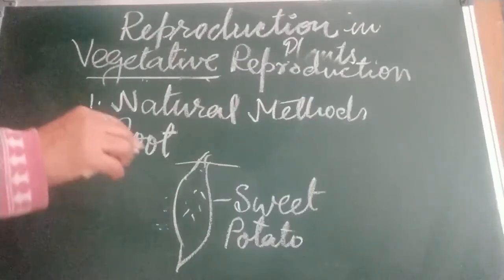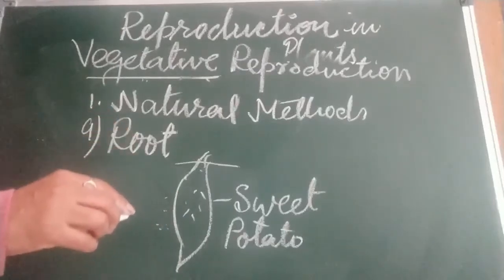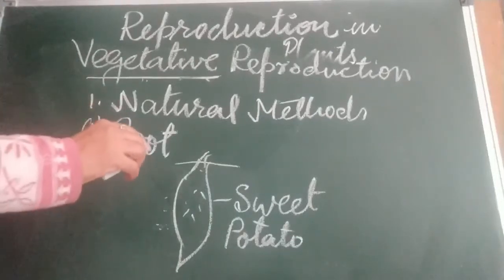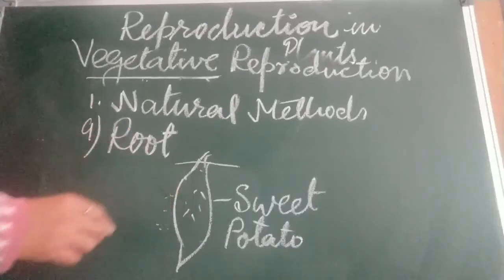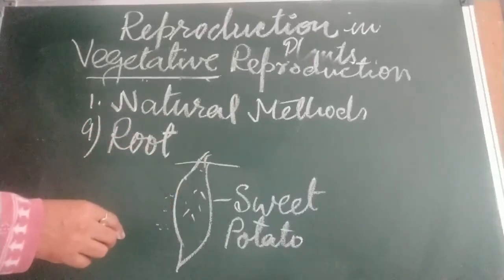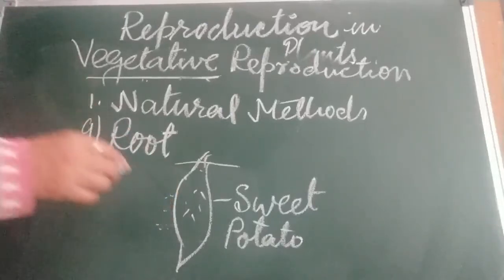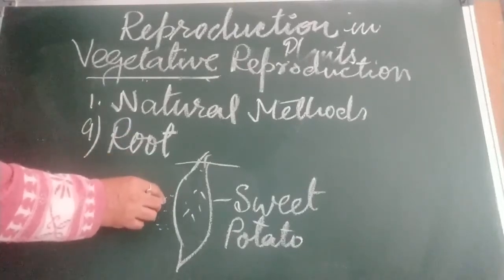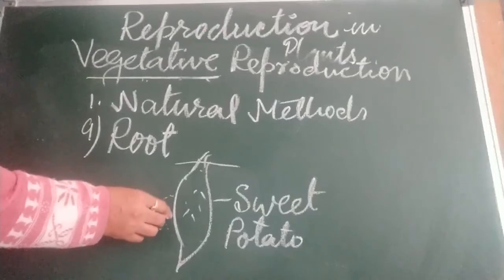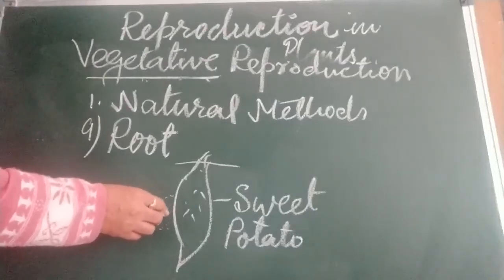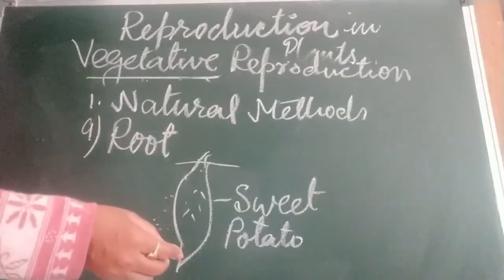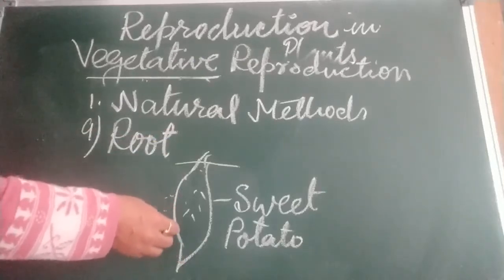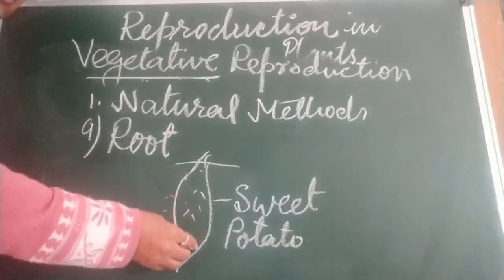And when the suitable season comes again, like for dahlia, as I know after March the plants dry up, which means it cannot grow in summer season. So at that time we take out the roots and preserve them somewhere. And when the suitable season like winter starts, September, October, then we sow this root.